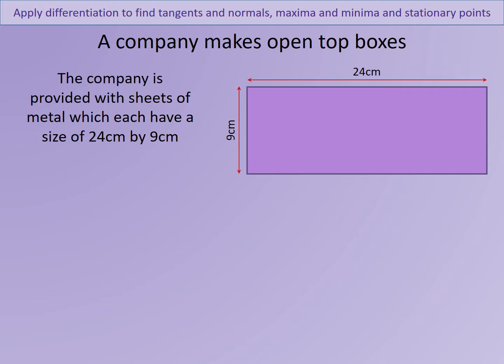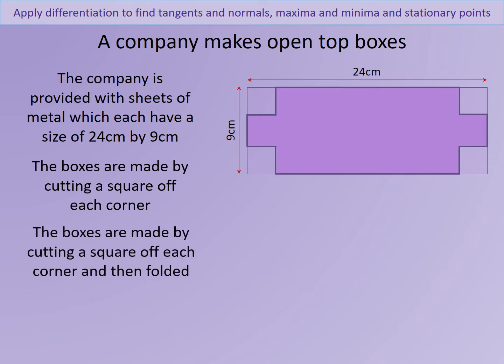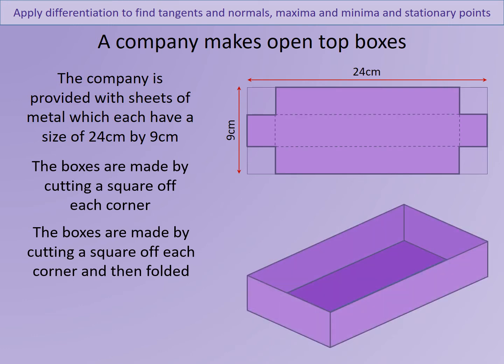So this company makes open top boxes, and you can see that the piece of card that they use before anything is done with it is measuring 24 centimeters by 9 centimeters. And what happens is that the corners are cut out from the corners of the rectangle, and then the sides are folded up to create the box that you're seeing here. So a very simple box.